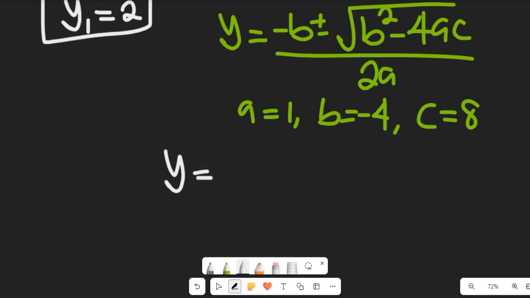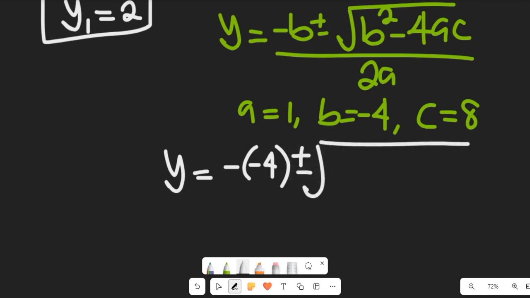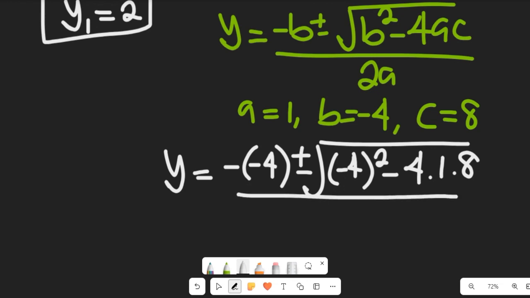will now be equal to negative multiplied by negative 4, which is b, plus or minus the square root of negative 4 squared minus 4 multiplied by 1 multiplied by 8, and all this will be divided by 2 multiplied by 1.